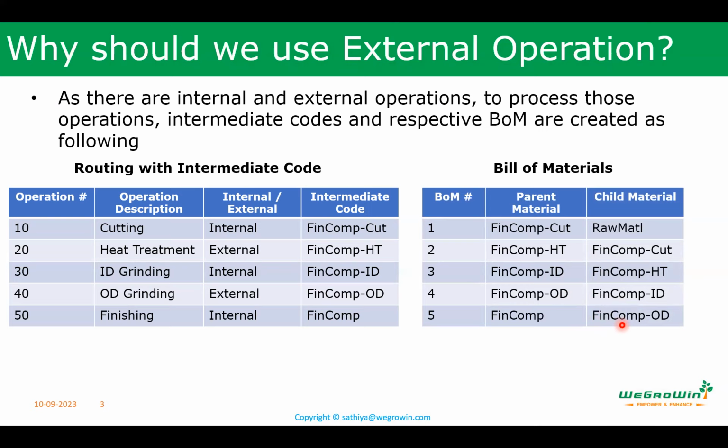Sir, one question, sir. For operation 20, we should have finished component HD, we should have a BOM. Right, sir? On the BOM, on the header, I should have a fin comp HD. On the component, I should have my fin component cut.